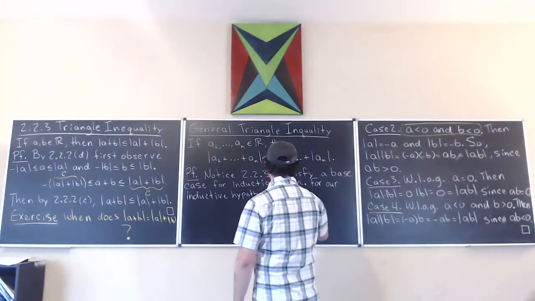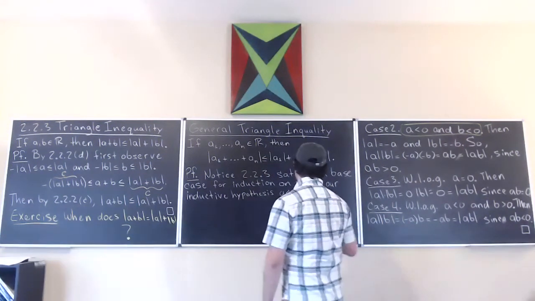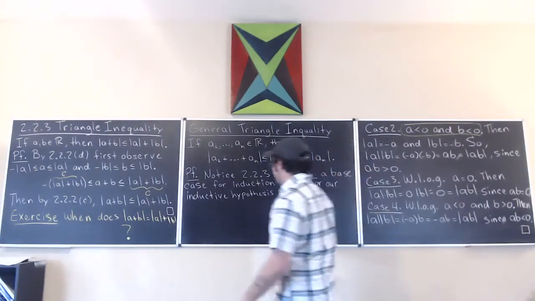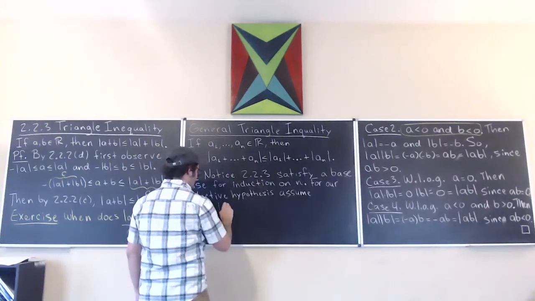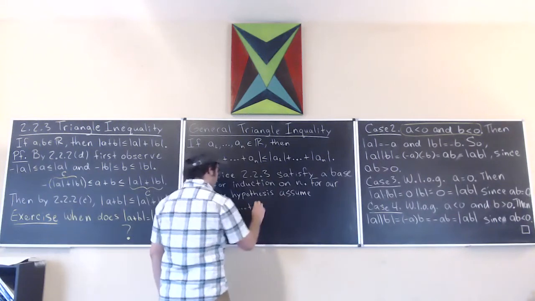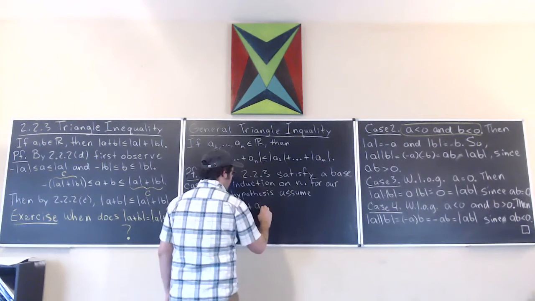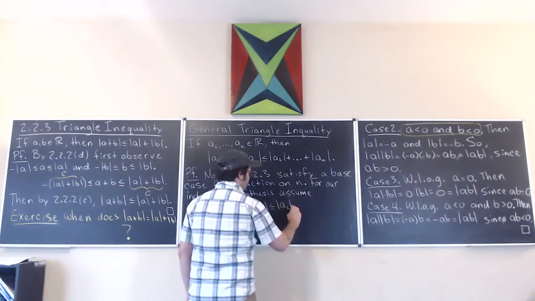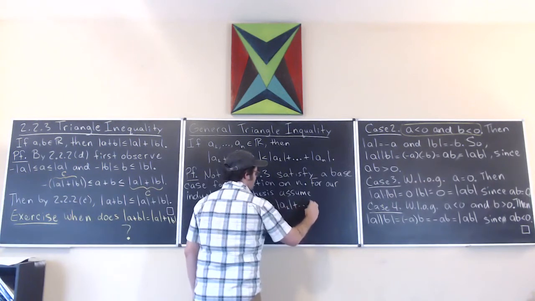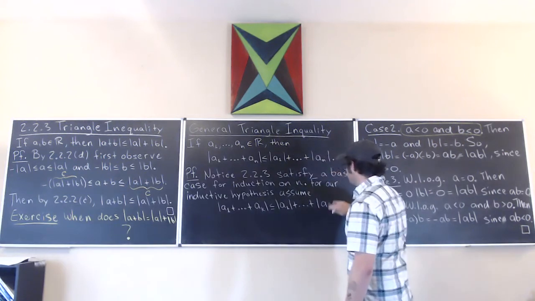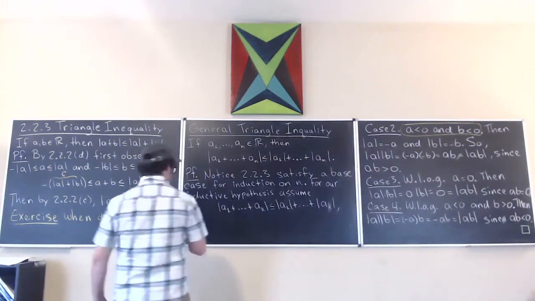So assume, I'm running out of room, but I'll write right here, that A1 plus dot dot dot plus AK is at most this sum, for all k greater than or equal to 2.